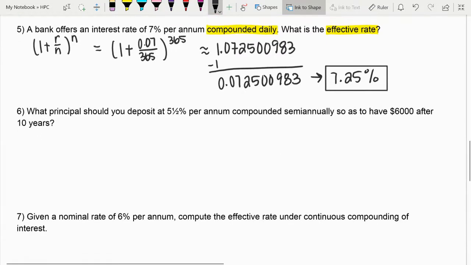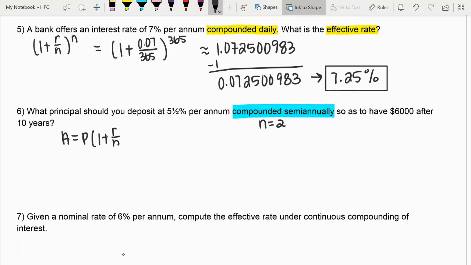Number 6, what principal should you deposit at 5.5% per annum compounded semi-annually, so as to have $6,000 after 10 years? Okay, so semi-annually, that's n equals 2. So we are going to be using the formula A is equal to P times 1 plus r over n raised to n times t.